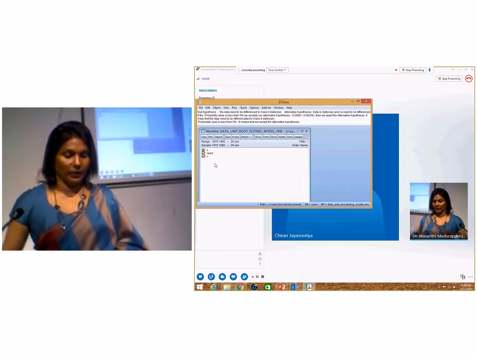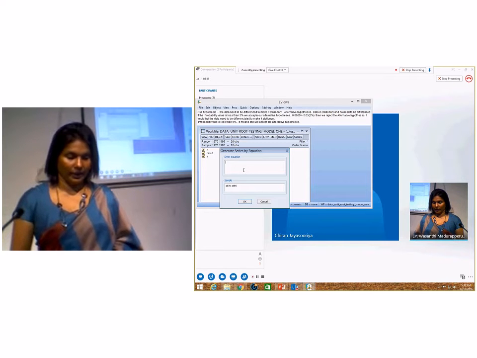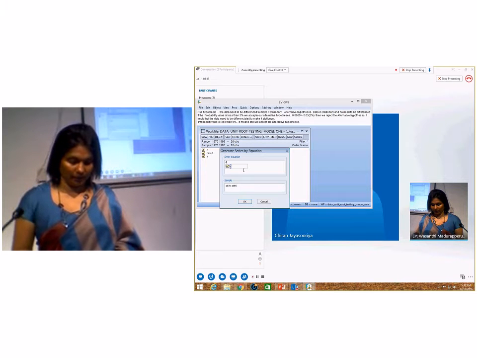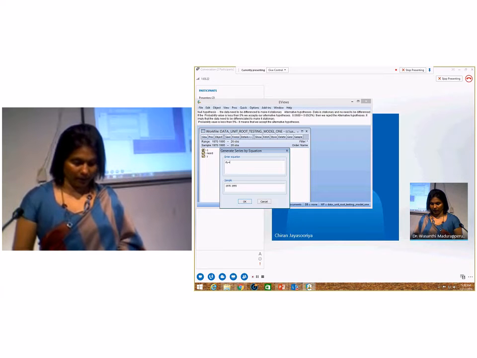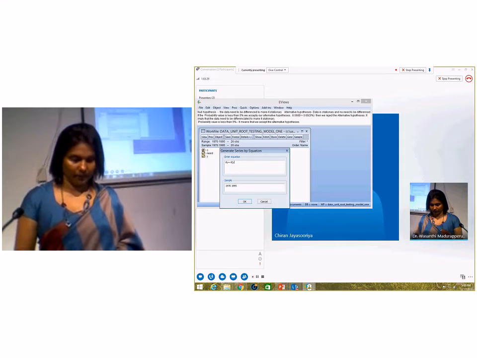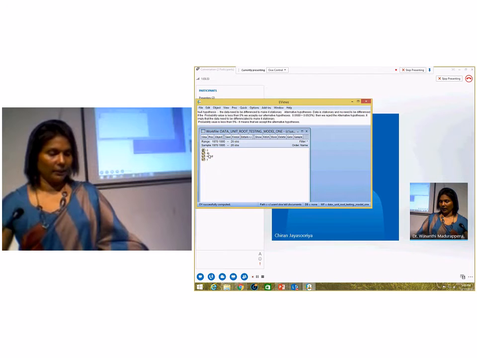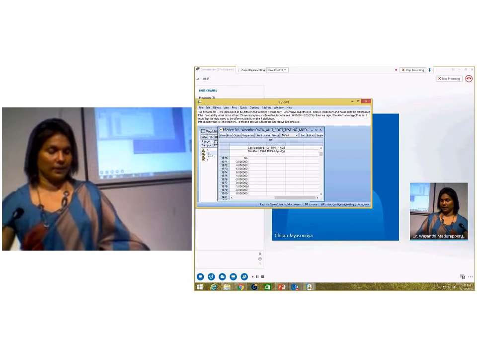Now generate a series: Generate, plus difference. dy equals d(y). Right, then our dy is the first difference.